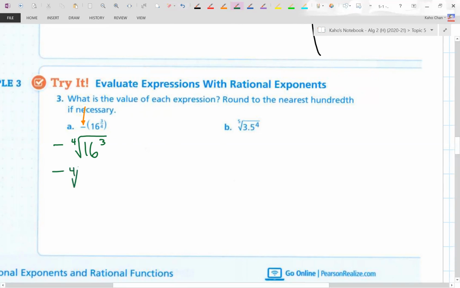Negative 4th root of 16 times 16 times 16. A lot of different ways to expand that, right? 16 itself can be broken down too into a bunch of 2's. In fact, if you think about it, 16 is 2 times 2 times 2 times 2, basically 4 of them. Okay? In fact, there's a bunch more right there.